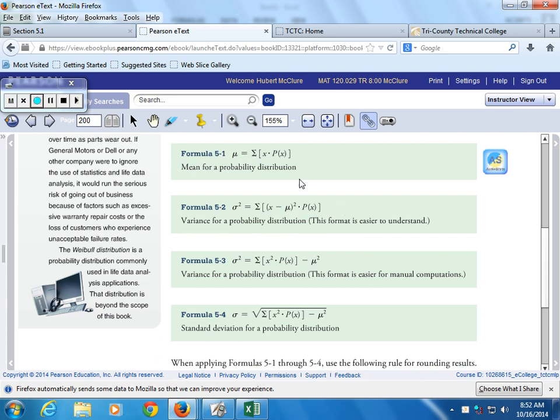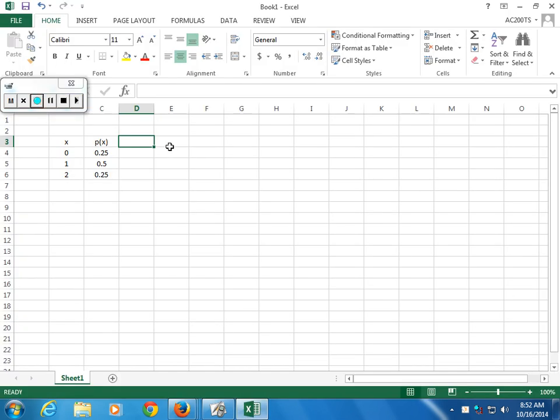Now the first formula says I'm going to take X and multiply it times P of X, and then what am I going to do with that? That summation, what does that mean? Add them all up. So go to my handy dandy Excel spreadsheet, and I'm going to put a column right here that says X times P of X. And that's going to be equal to this guy times this guy.